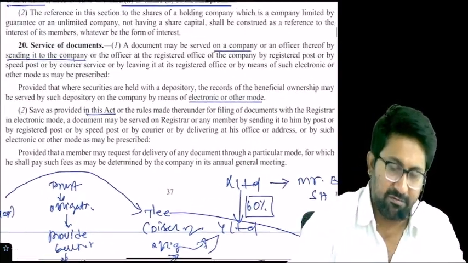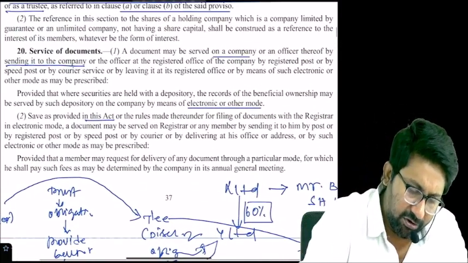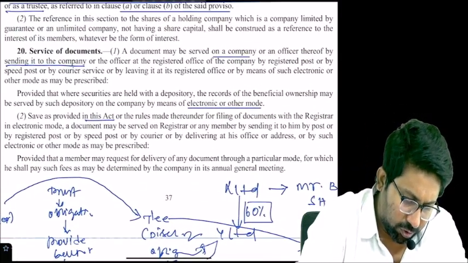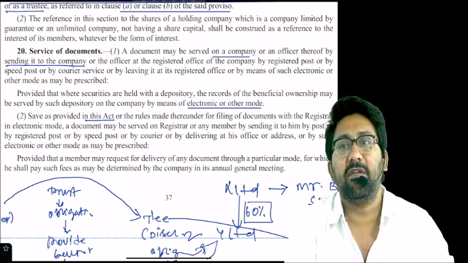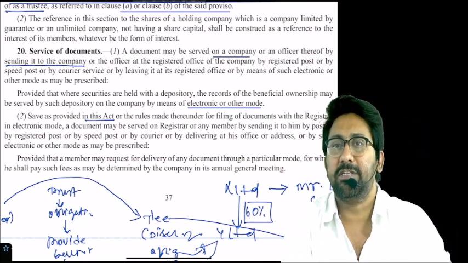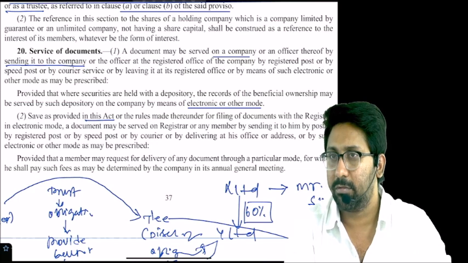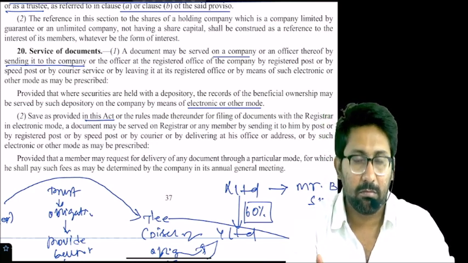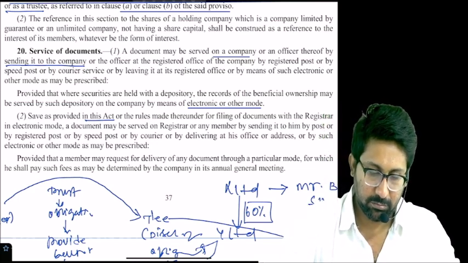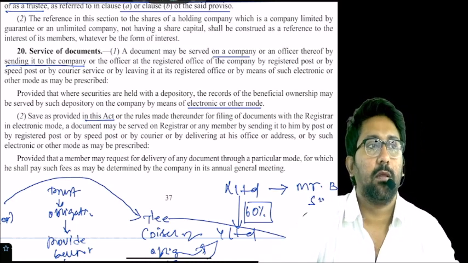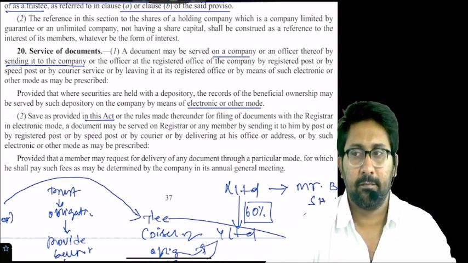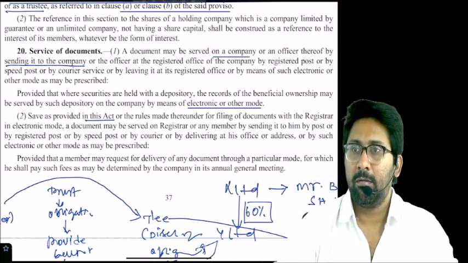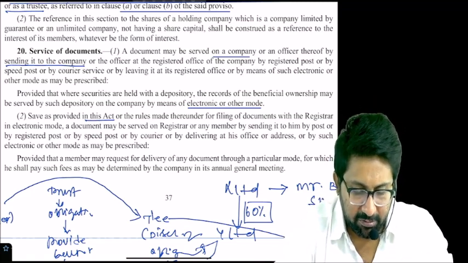That's all. Leave off. Explanation not required, sir, for that. Read subsection 1, proviso 2 and its proviso. Everyone in the class, please wake up. Please read properly. Important. Read section number 20, everyone, please.